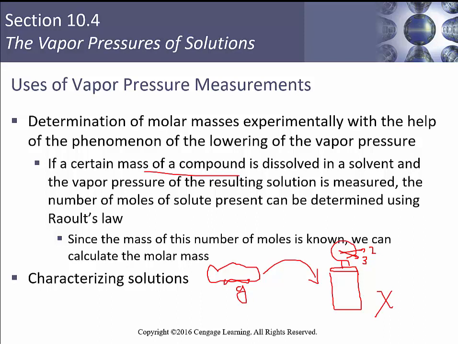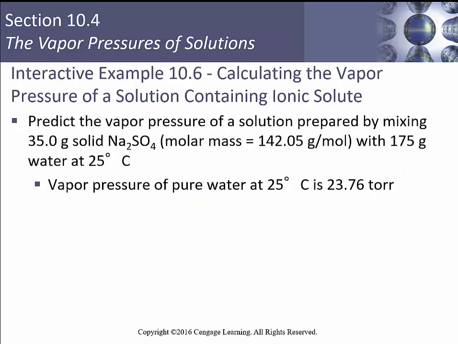You know that this new vapor pressure is going to be related to chi times your pure solvent's vapor pressure. You can figure out what the molar mass is because this chi has units that are going to be working in moles. And this over here, you know how many grams you put in. If I want a molar mass, that is grams per mole. Since the mass of this number of moles is known, we can calculate the molar mass. And it's one of the ways we're going to characterize solutions.